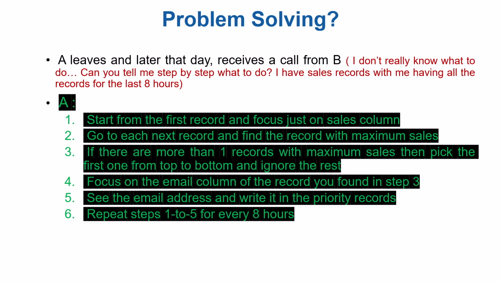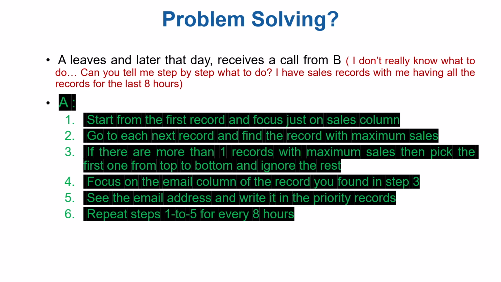So let's say you have 5 records with maximum sale value. Which record appears first from top to down? Just pick that one and ignore the rest. That might be a tie-breaking policy, but just do that.